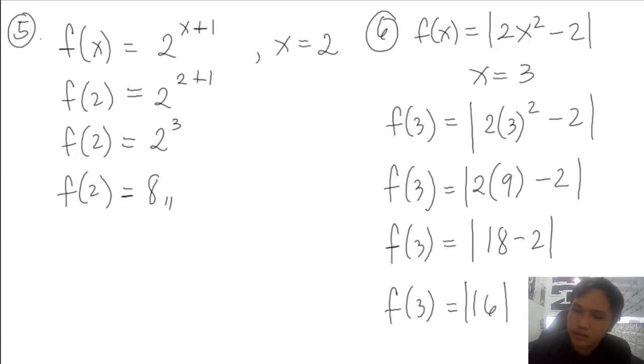And then, the last process, tatanggalin natin yung absolute value. So, ang magiging final result natin is 16. So, ang gamit ng absolute value is to tell us that the final output should always be positive. So, just in case na nakuha natin is the absolute value of negative 16, ang sagot pa rin nito is 16.